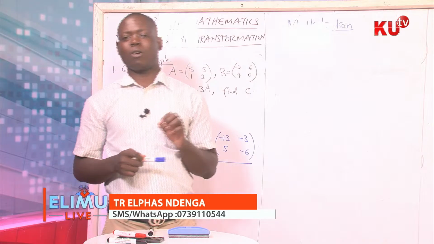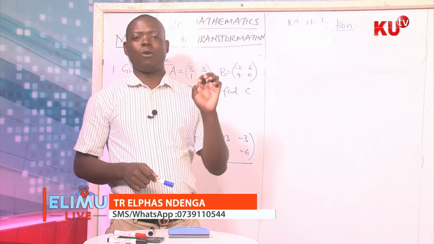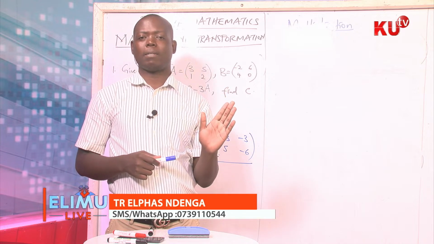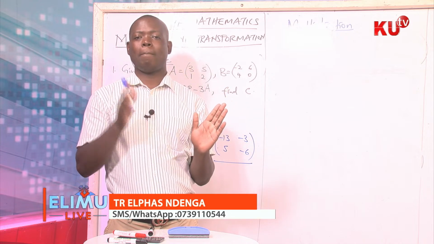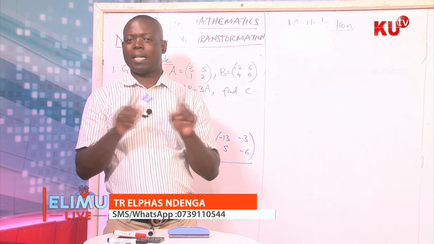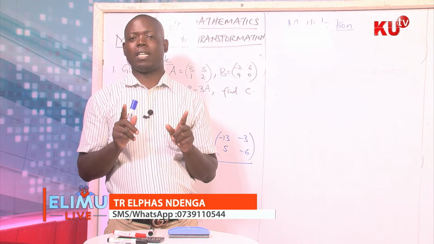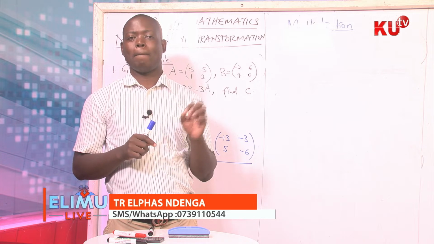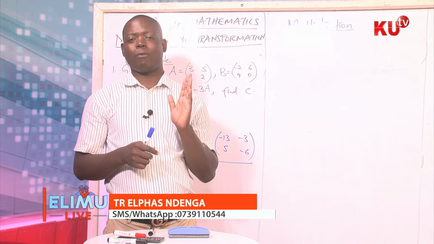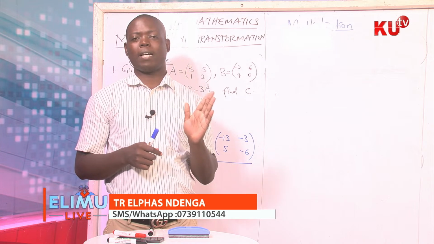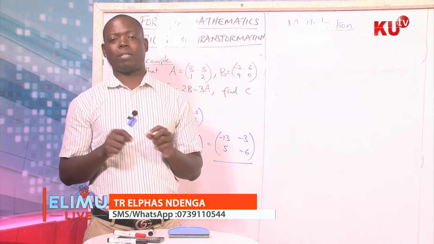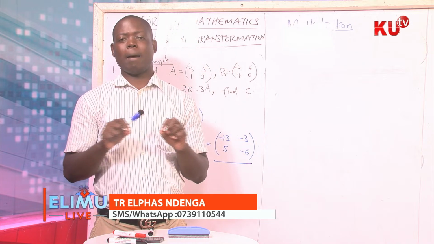What is required is you look at the number of columns in the first matrix against the number of rows in the second matrix. The matrices could be different in order, but they are compatible in multiplication because the number of columns in the first matrix and the number of rows in the second matrix correspond.